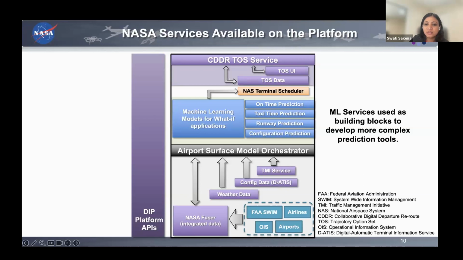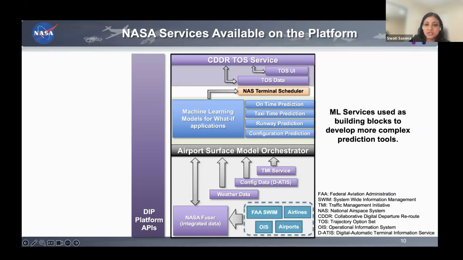So you can run these in parallel for a particular scenario, and then the output of all these services goes into something called a terminal scheduler, the NAS terminal scheduler. That's where you set up your final algorithm or final outcome for setting up the schedule of the aircraft, pushback time, takeoff time, and so on.